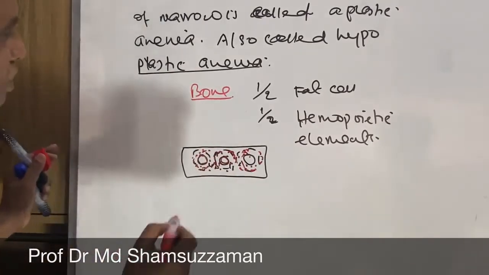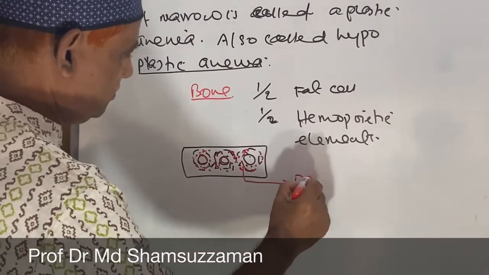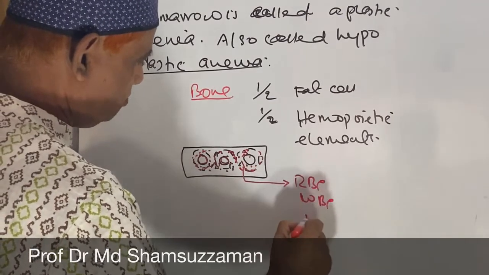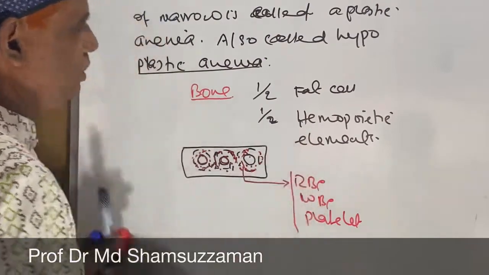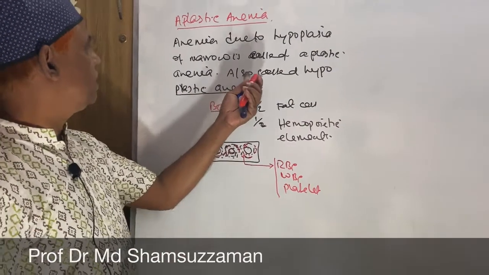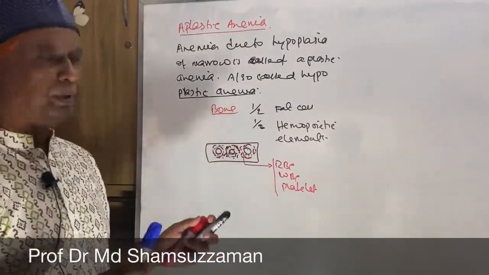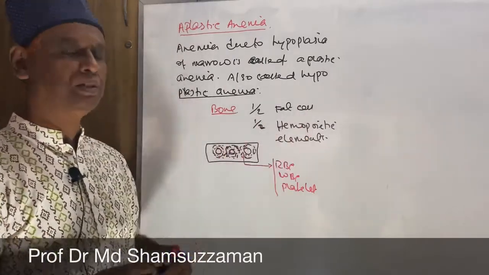And we know from the hemopoietic elements, RBC series, WBC, platelet, all are produced from the hemopoietic element. If hypoplasia of the bone marrow occurs, what happens? In case of hypoplasia, hemopoietic element is reduced.